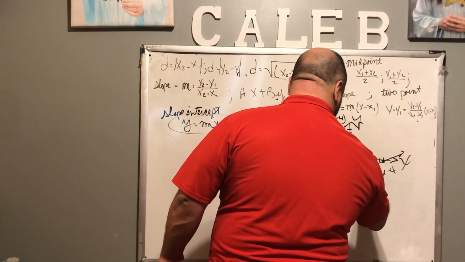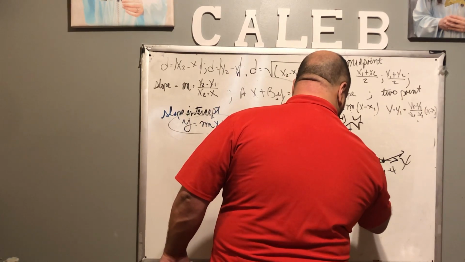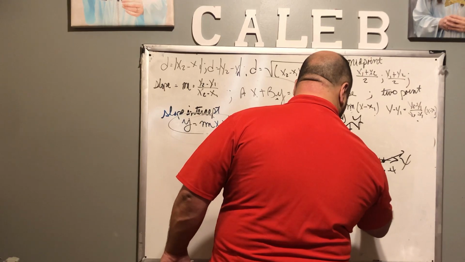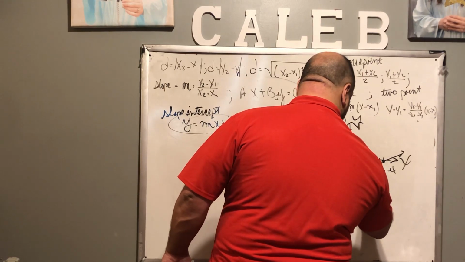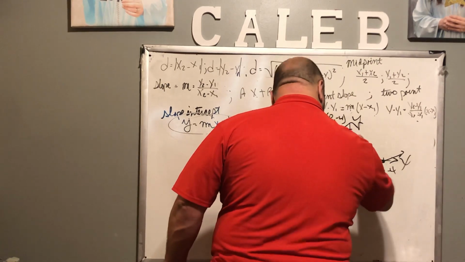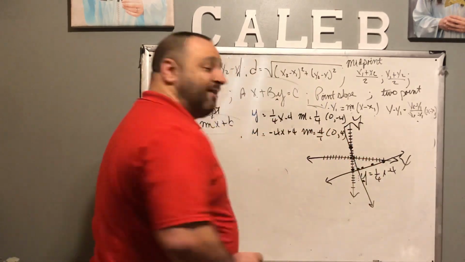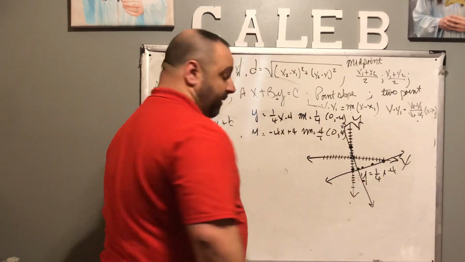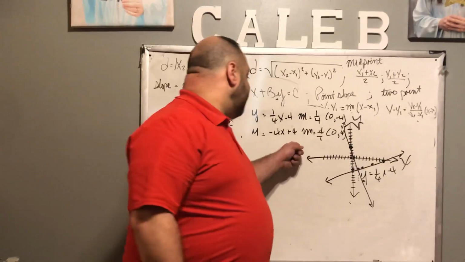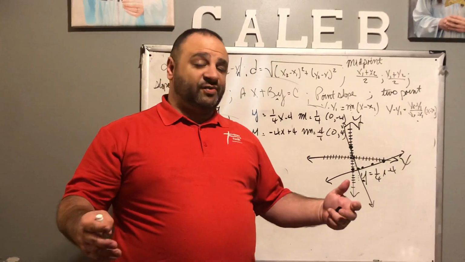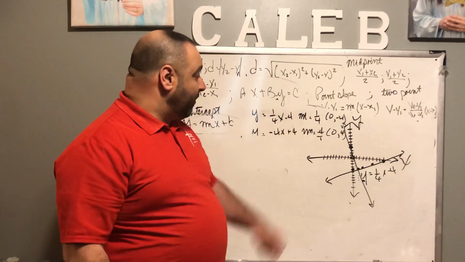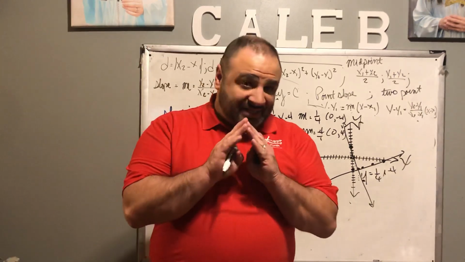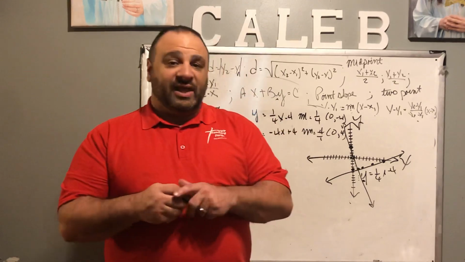And then 4 down again, 1 to the right. And notice now we have perpendicular lines. The reason being is if the slopes are reciprocals of one another, then we will have a perpendicular line. If they're just simply different slopes, then they will have intersecting lines.